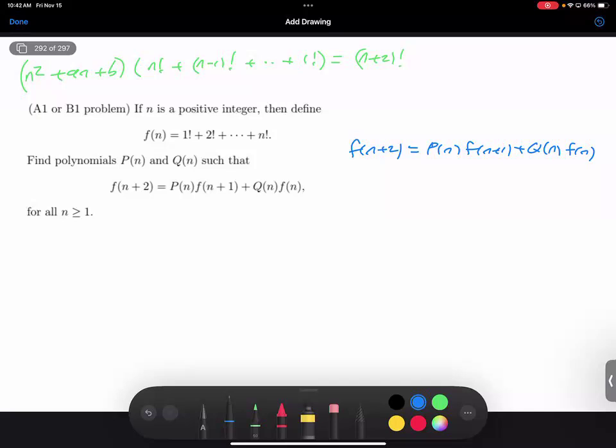So we could replace n with n plus 1, so we would get F_{n+3} is p_{n+1} F_{n+2} plus q_{n+1} F_{n+1}. But we know what F_{n+2} is.